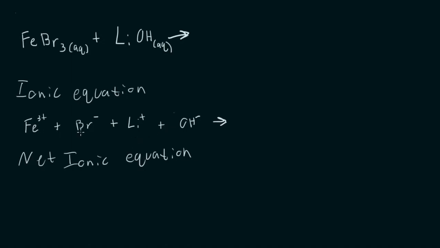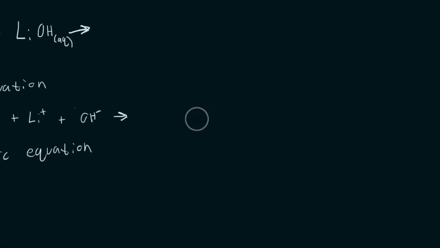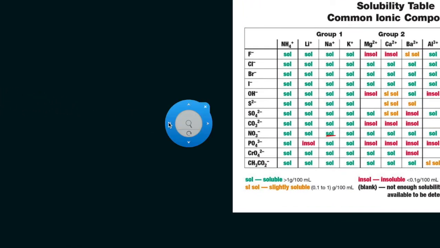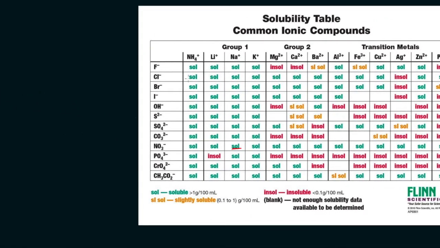I'm going to check it against the hydroxide. I already know that it's aqueous with the bromine, so I just need to check it against the hydroxide. So take the Fe. I'm going to find Fe up here. It's right here. And I'm going to check it against hydroxide, which is right here. So if I bring that over, I see that it is insoluble.